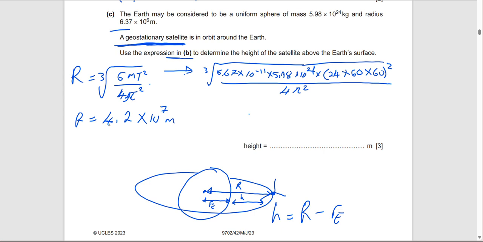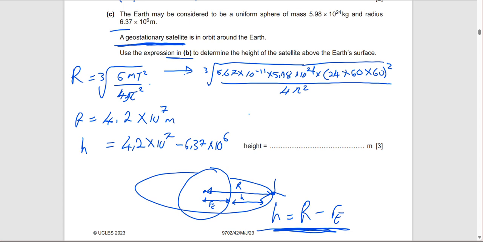All right, so we have R is 4.2 by 10 to the 7 meters. Now we want h. We know that h is equal to, from our equation here, R minus the radius of the Earth. So we go 4.2 by 10 to the 7 minus 6.37 multiplied by 10 to the 6.